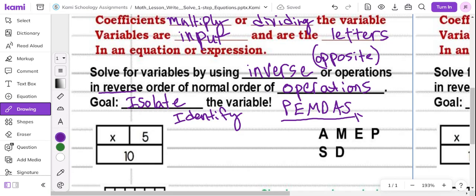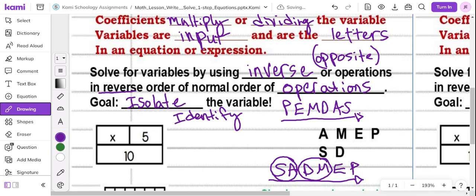When we know all the numbers, we're going to follow the same order of operations. But if a number is missing, we're actually going to do the order of operations backwards. And instead of PEMDAS, how would we possibly say PEMDAS backwards? Subtract or add, divide or multiply. We are going to do, what is it, SADMAP? I don't know if that's an actual thing, but it's something to keep in mind that when we're solving, we're going to subtract or add, and then we're going to multiply or divide to solve.